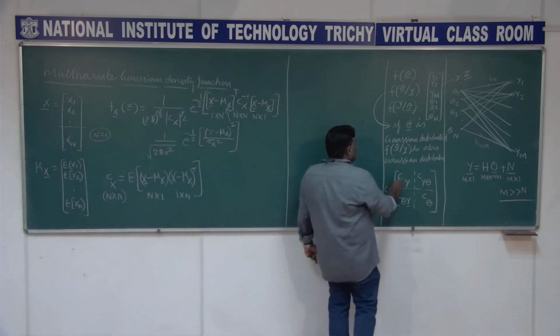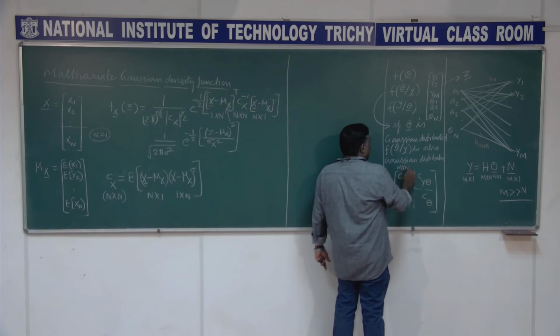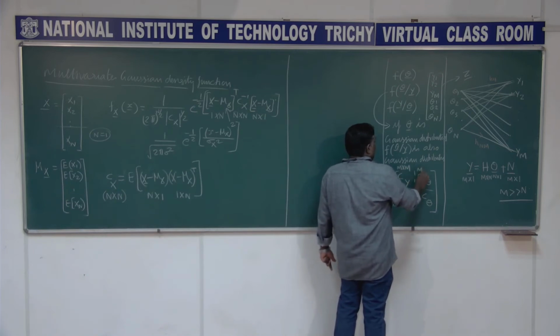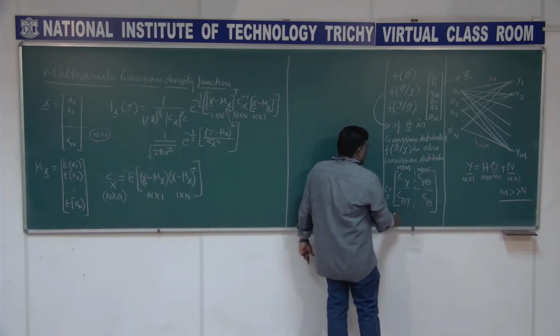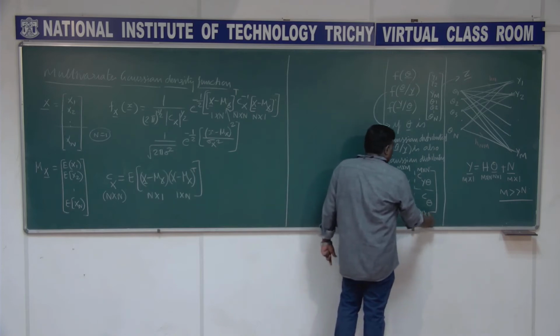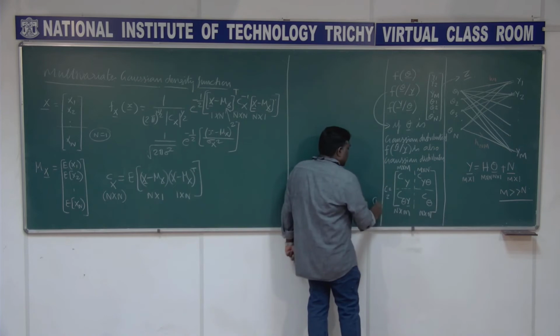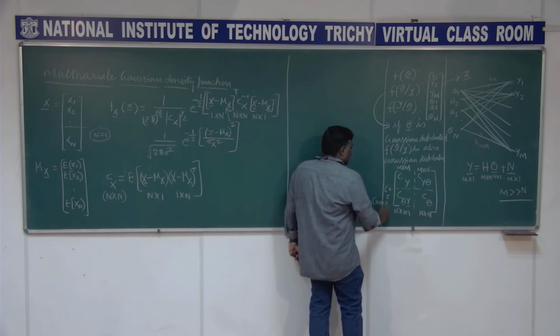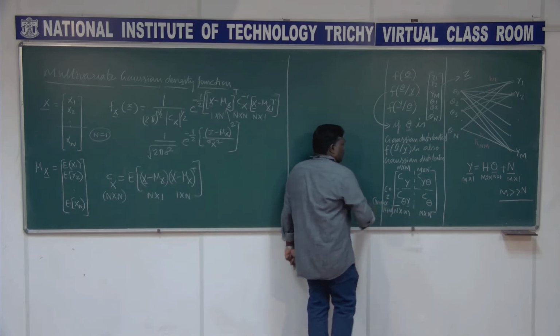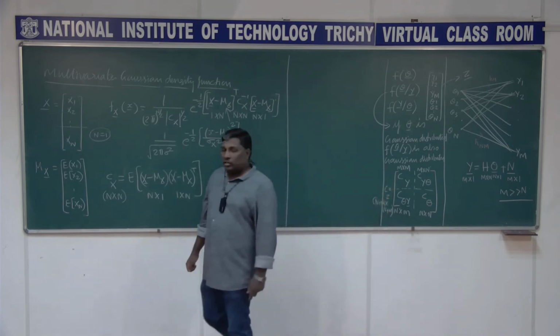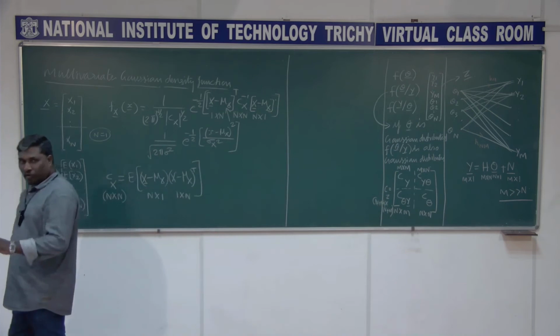This is of size m cross m, this is m cross n, this is n cross m, and this is n cross n, and hence the size is n plus m cross n plus m. So you are getting this covariance matrix Cz of this form.